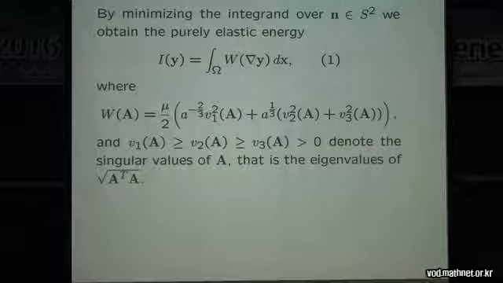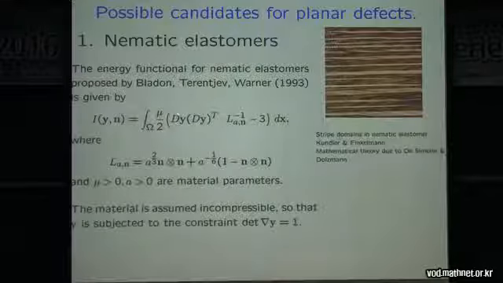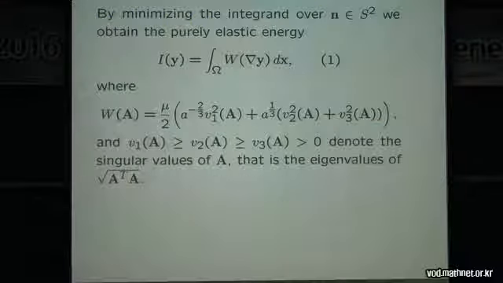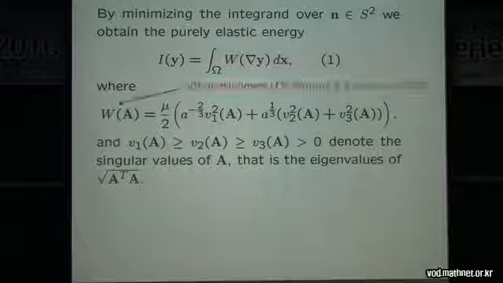And then if you minimize the integrand, you see there's no gradient of n in this. So that means you can minimize out the n pointwise. If you do that, you get some functional, integral of W of the gradient of y, where W turns out to be this. It doesn't matter what the form is. But what's really important is that it's not a quasi-convex function.